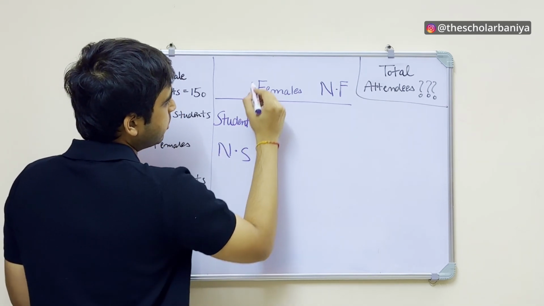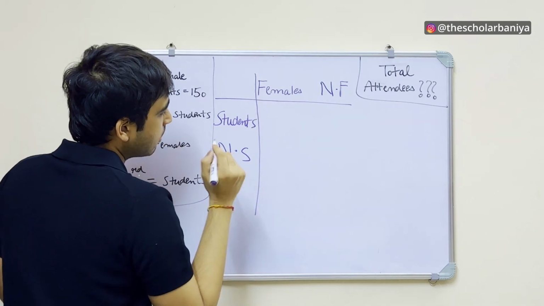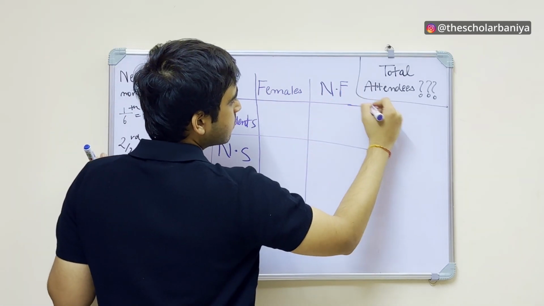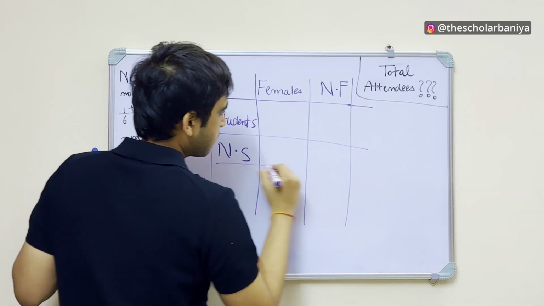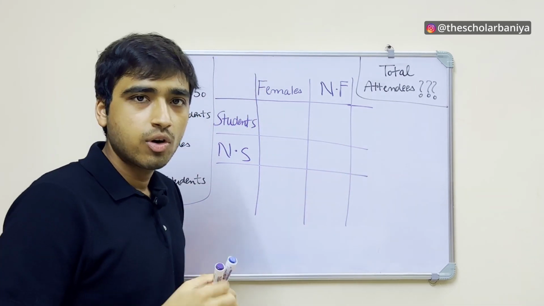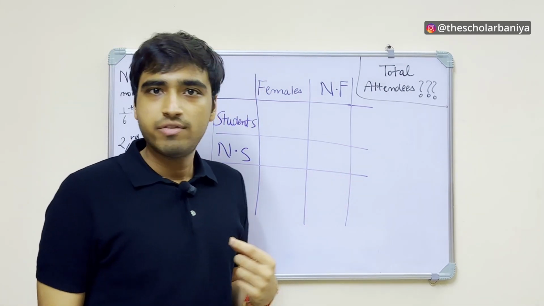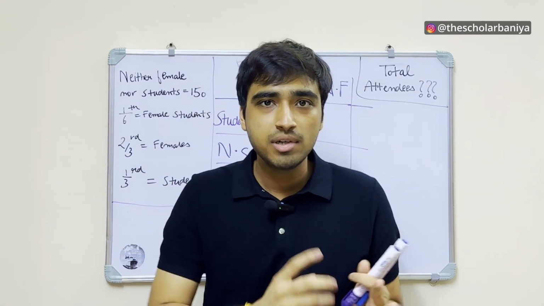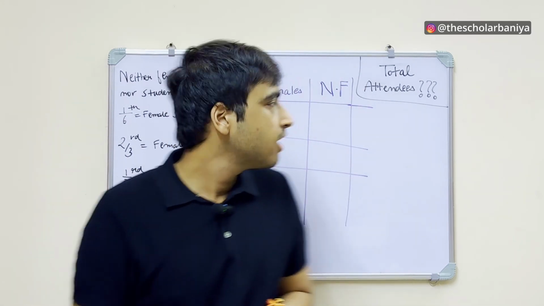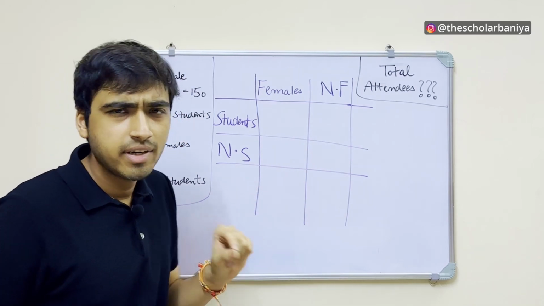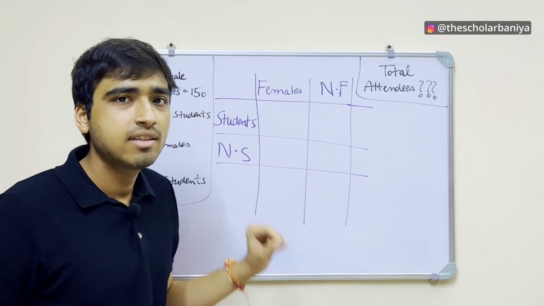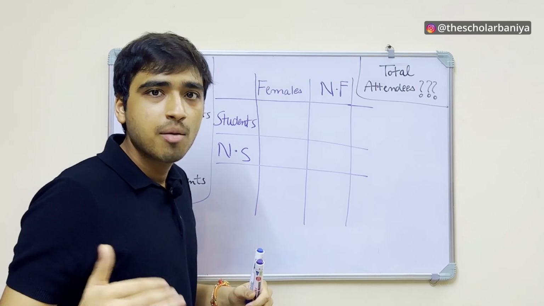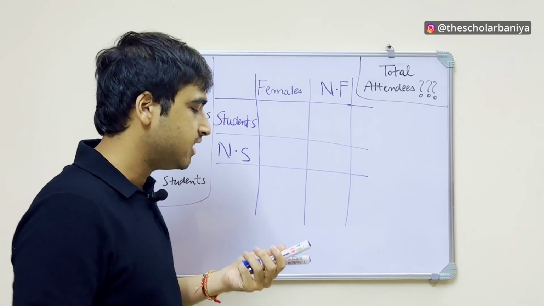NS means non-students, okay? So in all such questions where we are given, for example, somebody is female, somebody is student, somebody is non-female, somebody is non-student, we make this kind of a table. It will take 2 seconds, and this will make things really easy, right? It may not seem easy at first, but it will make things very, very easy.